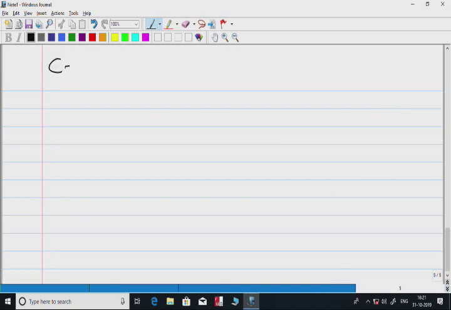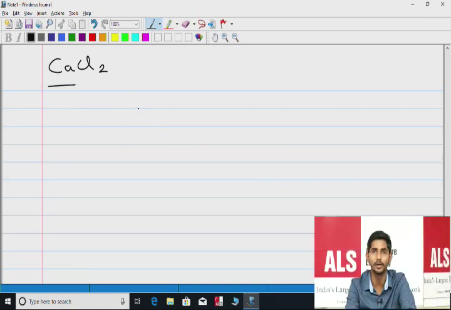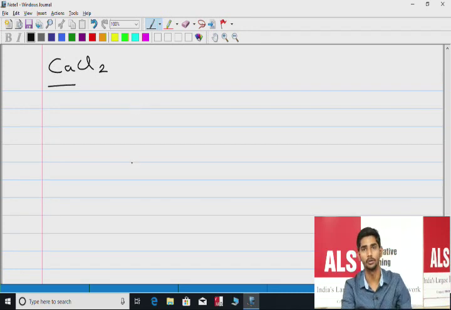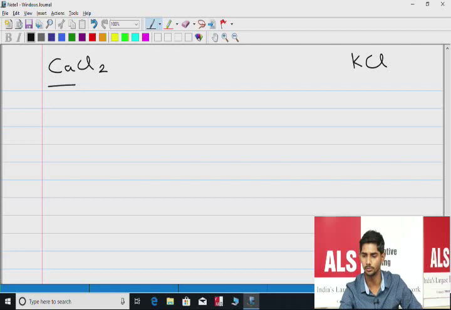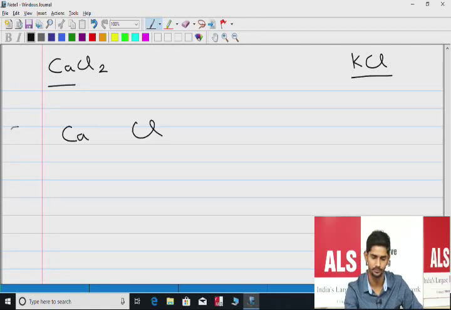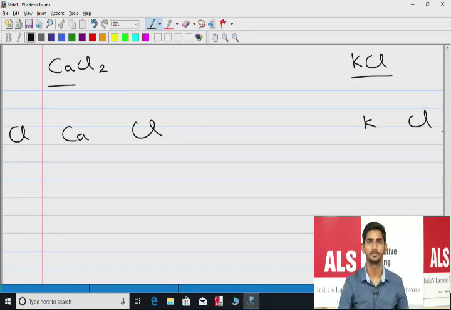Guys, attempt this one, CaCl2. Remember, calcium has 2 valence electrons, whereas chlorine has 7 valence electrons. So in order to complete the octet, calcium needs to donate 2 electrons, whereas chlorine needs to accept 1 electron. Attempt this question. After that, do KCl as well. Do these 2 questions. This one can be the arrangement.